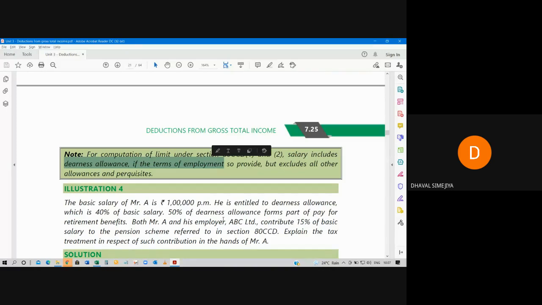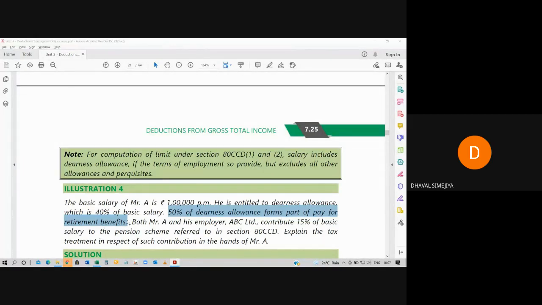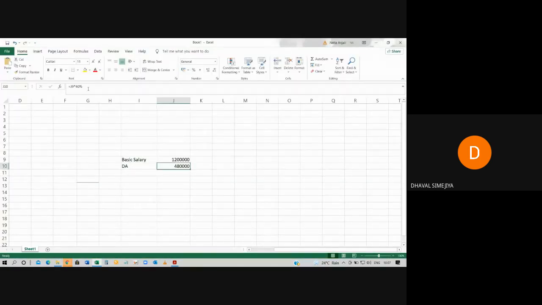It means the terms of employment are 50% forming part of retirement benefit. So we have to consider 50%, which is 2,40,000 rupees.